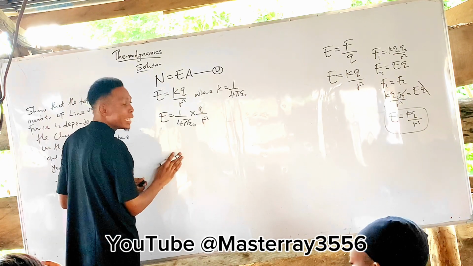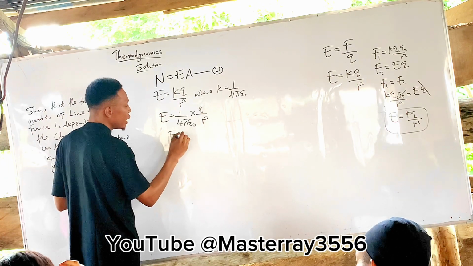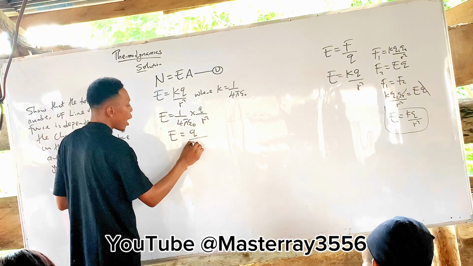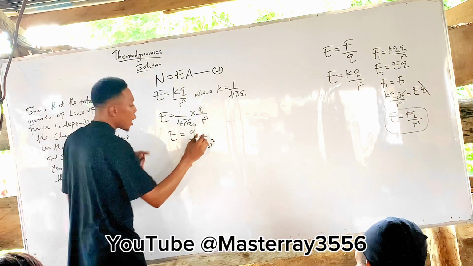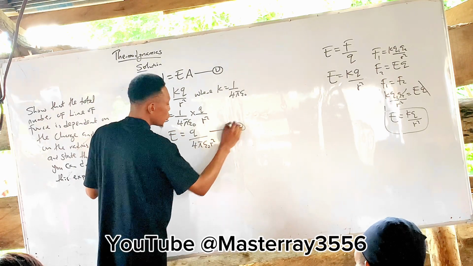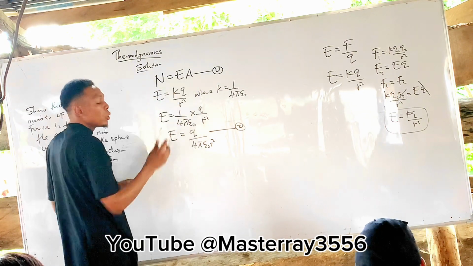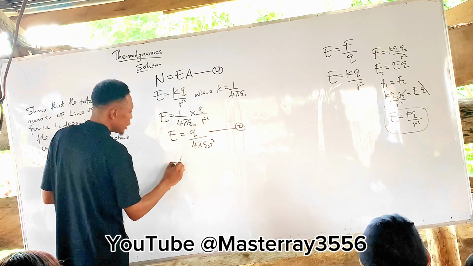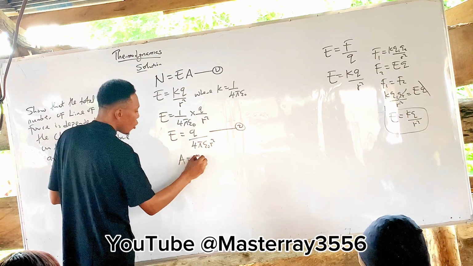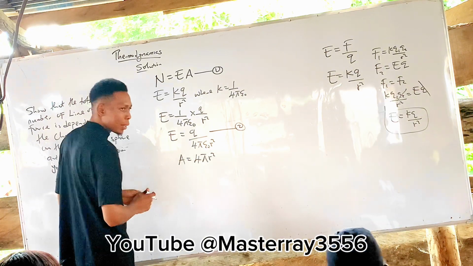If you multiply this, we have E equals to Q over 4 pi epsilon naught R square. So you can call this equation 2. Then for the surface area of a sphere, our A is equal to 4 pi R square.